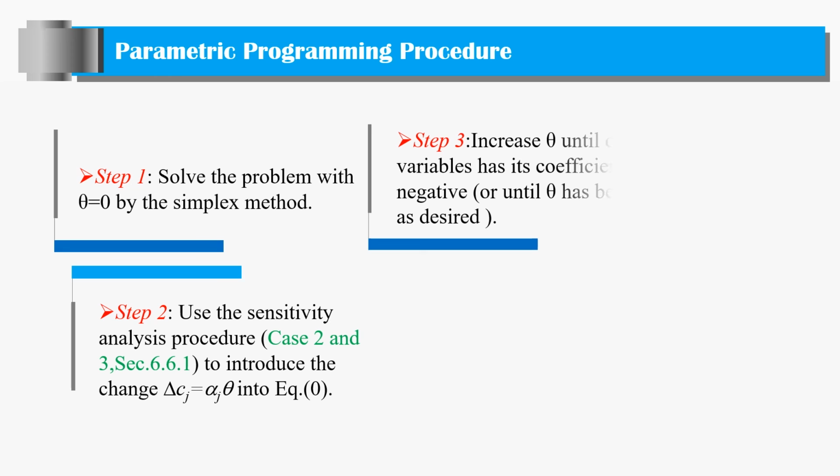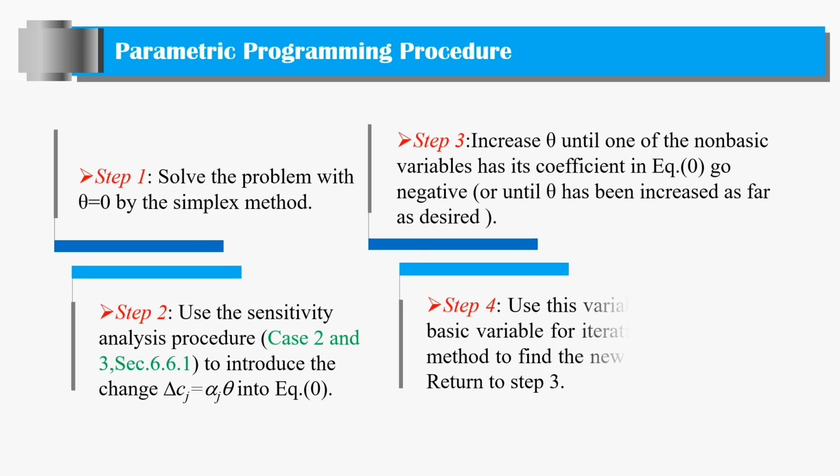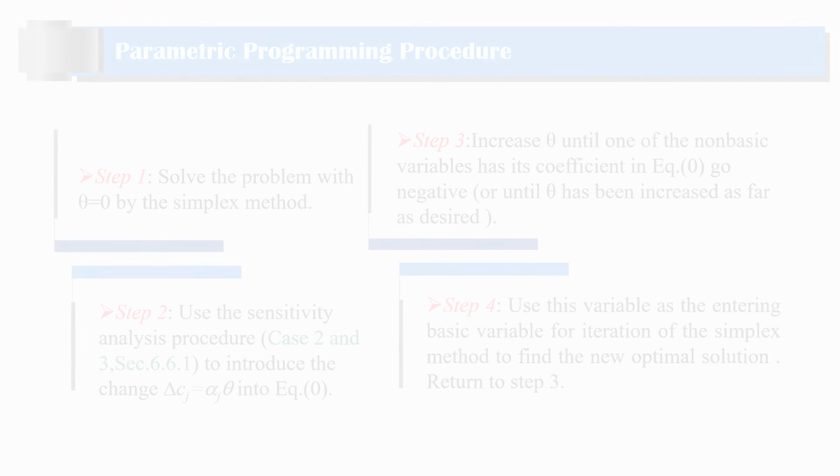Step 3, increase theta until one of the non-basic variables has its coefficient in equation 0 go negative, or until theta has been increased as far as desired. Step 4, use this variable as the entering basic variable for iteration of the simplex method to find the new optimal solution, and then return to step 3.